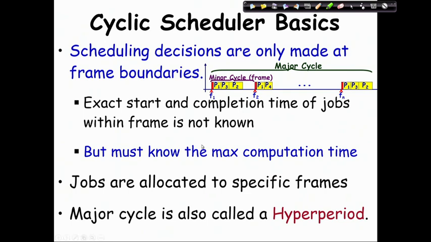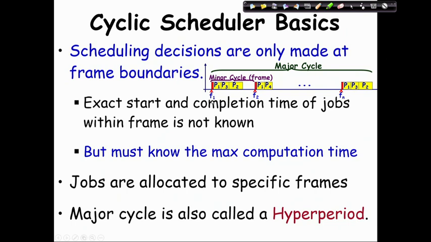Now, the important thing that we must understand is how is the frame time set for a given task set, and how are tasks assigned to frames. So, the task instances or jobs are assigned to specific frames, and these tasks have different periods.